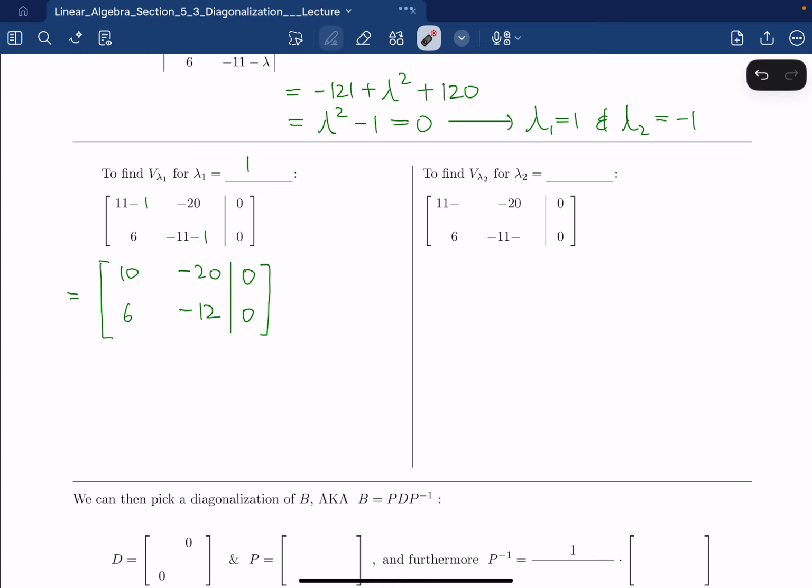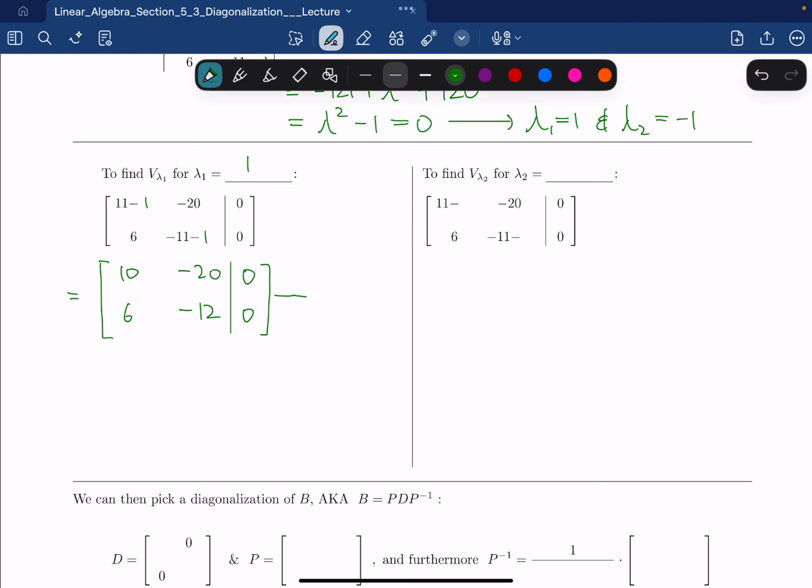So I can write out the exact ERO. Of course, the ERO is just going to be add row 1 to row 2 with a multiple of, say, negative 6/10. Some fraction, you can easily cancel one row with the other. You can even multiply, you can add, whatever, it's not the hardest thing to do here.